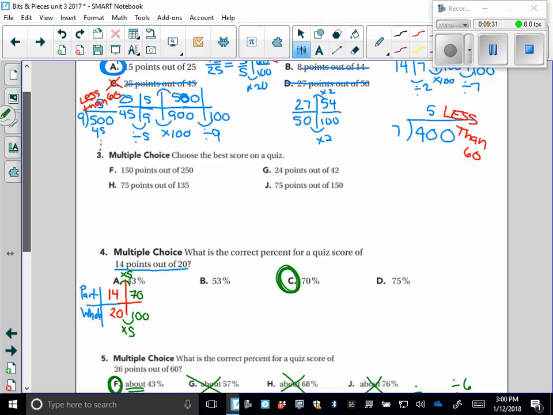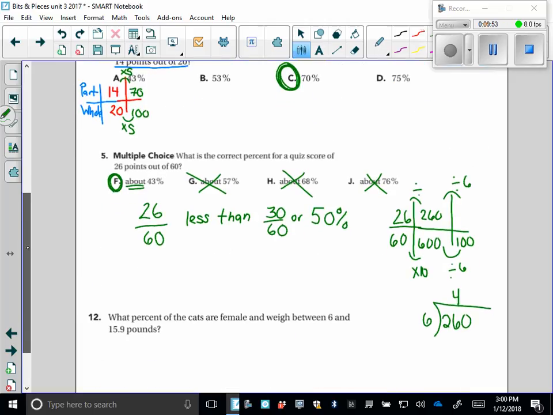Austin? I have a question. What if the problem shows the whole number is smaller than the number the question asked? Can you give me an example? Like 26 points out of 60, and there's all four numbers.